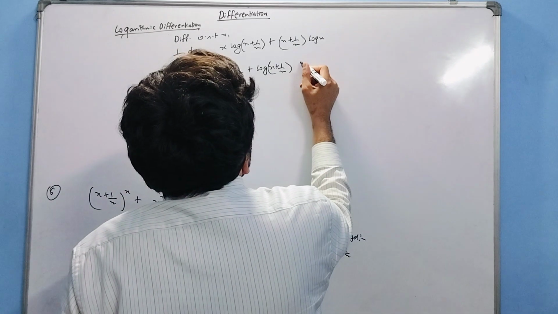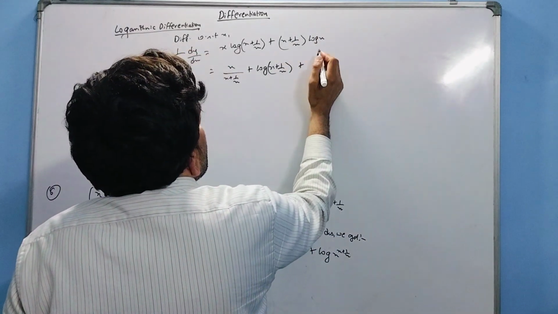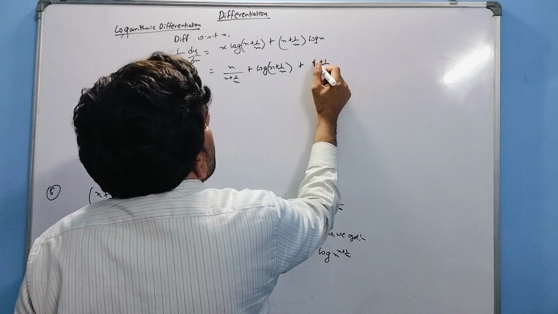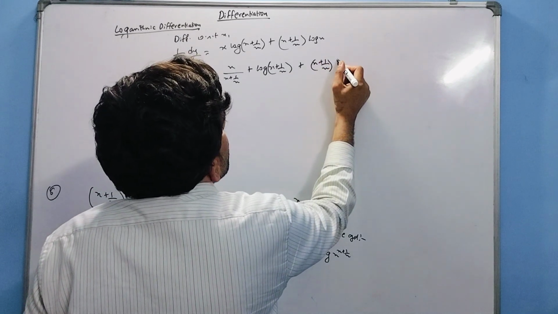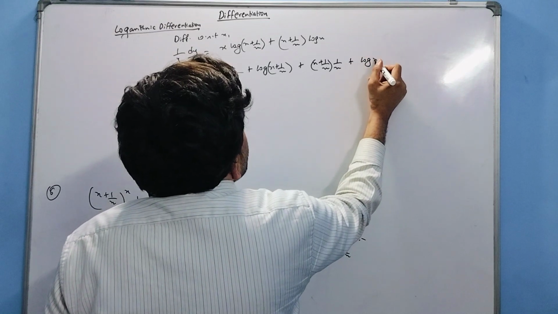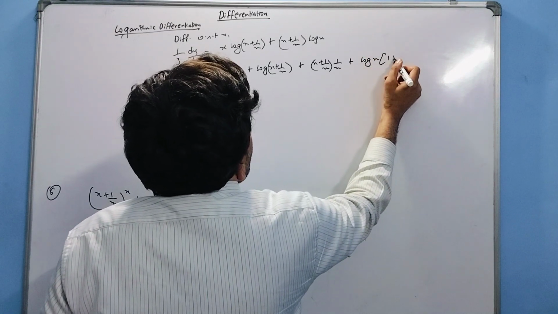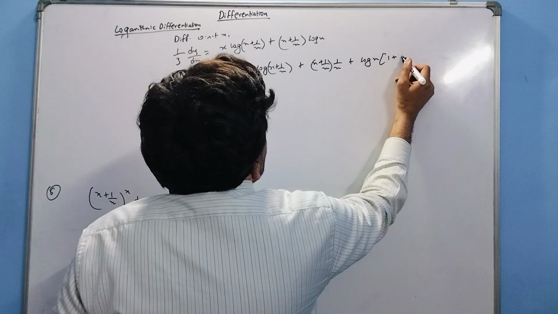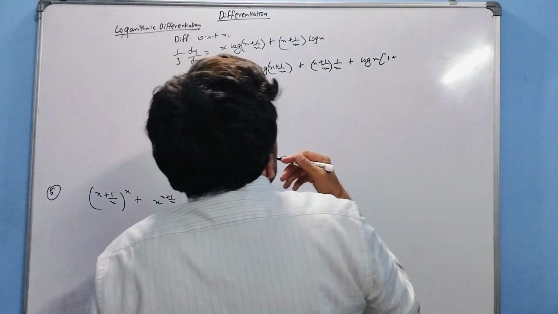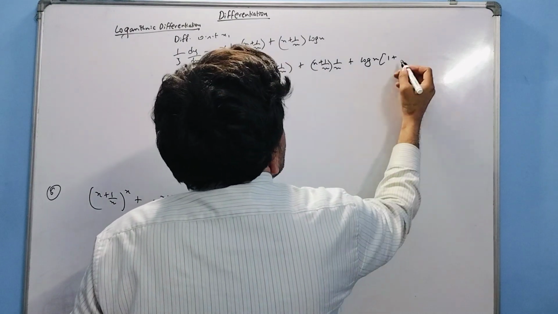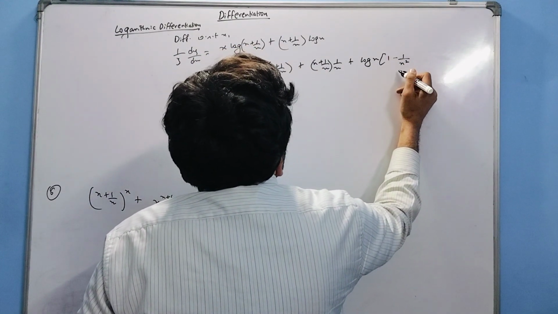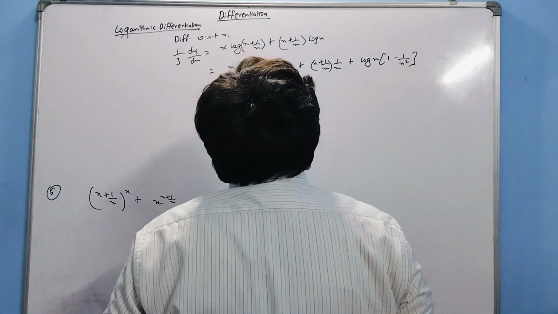Next step is differentiate this. Leave this as is, we'll use our product rule here. Into differentiation of log x will be 1/x, plus log x into differentiation of this will be 1 minus 1/x^2. So we have this.